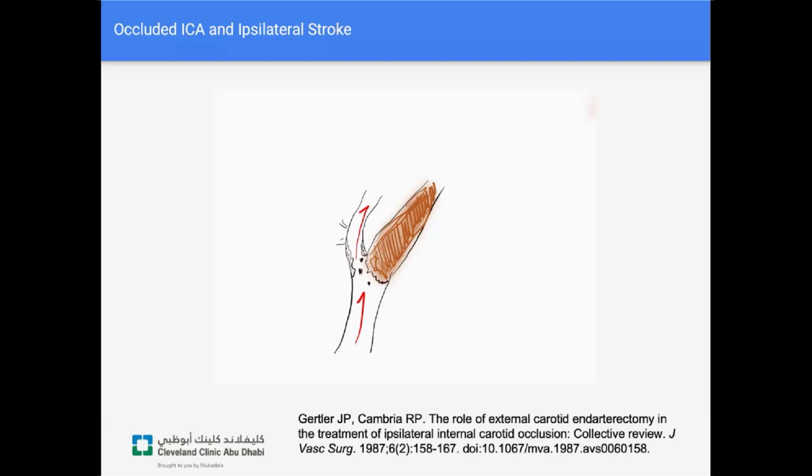These patients, when you check out their external carotid artery on ultrasound, will have diastolic flow, which is more consistent with internal carotid artery. That's because of the transcranial collaterals that occur from the distal branches of the external carotid artery, which cross the skull into the brain to feed the ipsilateral hemisphere.